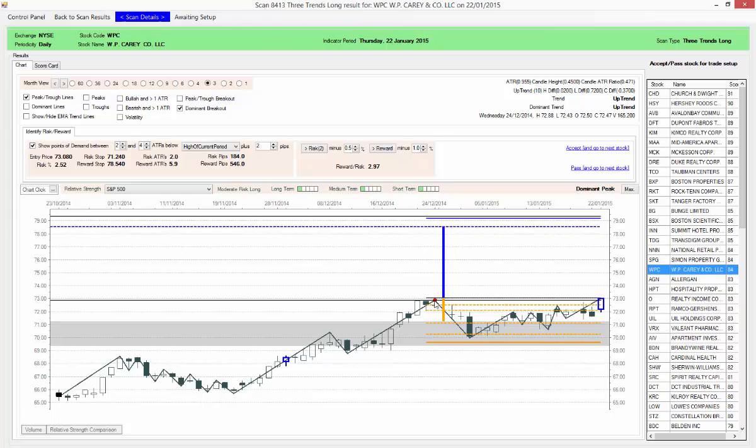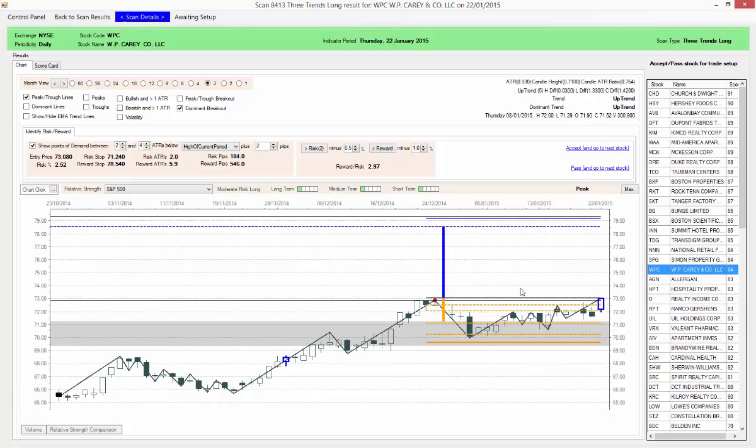Now we want to make sure that the stock, as it has regressed, gone down, and as it's made its way back up towards that previous dominant peak, that it has tested to the system's satisfaction that dominant peak and the market have been trying to surpass it.